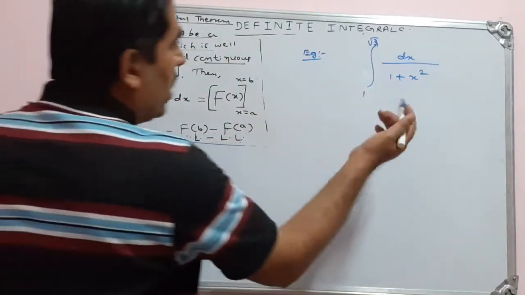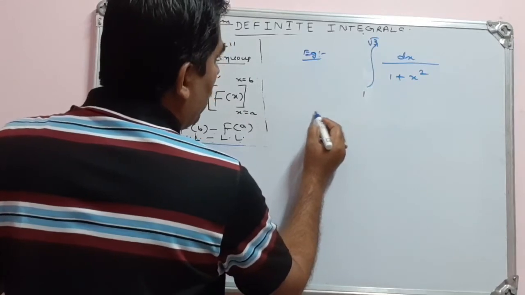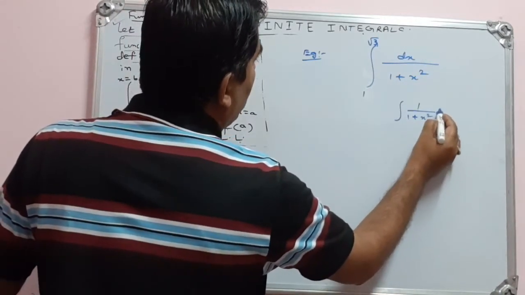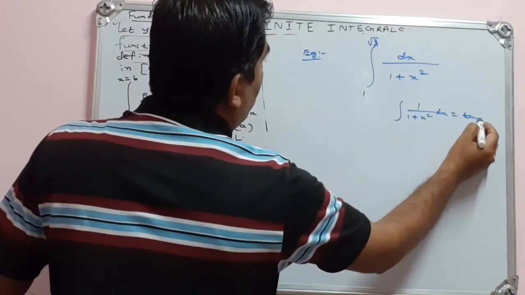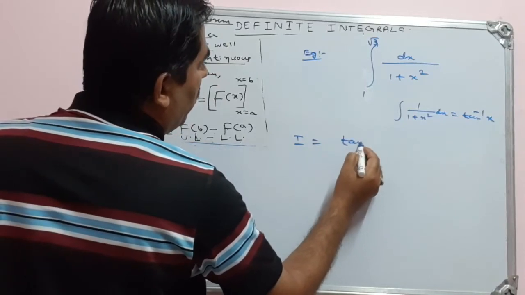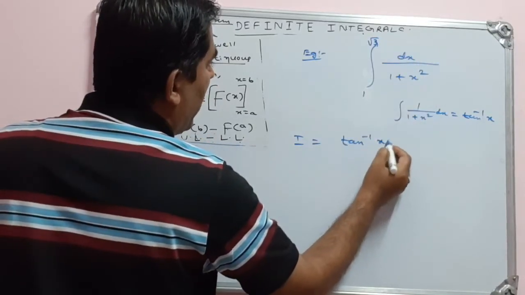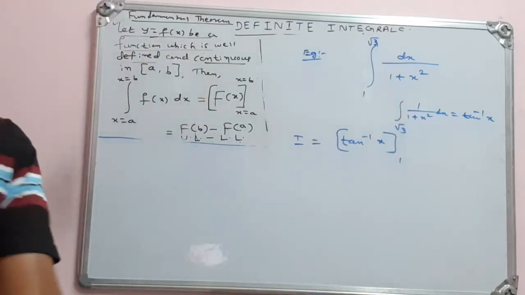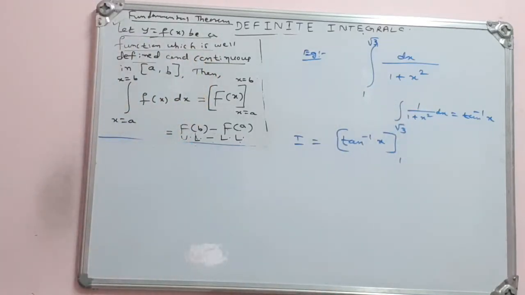See here also we did not worry about the substitution method. We know the formula. What is the formula? Integration of 1 by 1 plus x square is tan inverse x. So that can be written as, by the direct formula, tan inverse x from 1 to root 3.